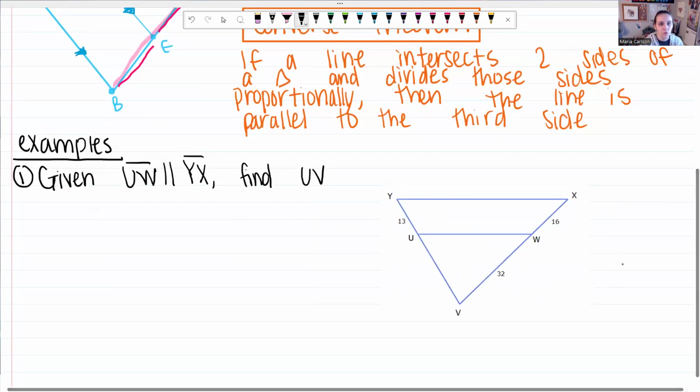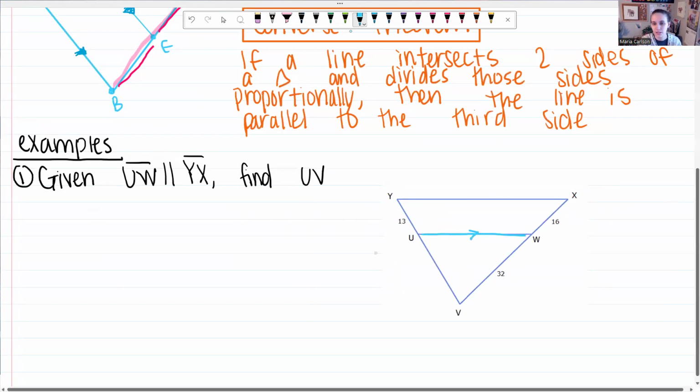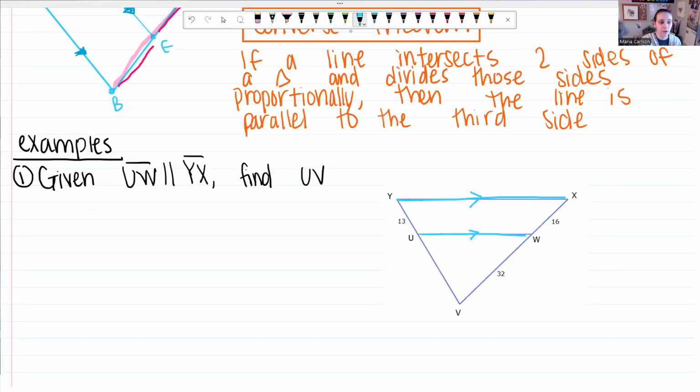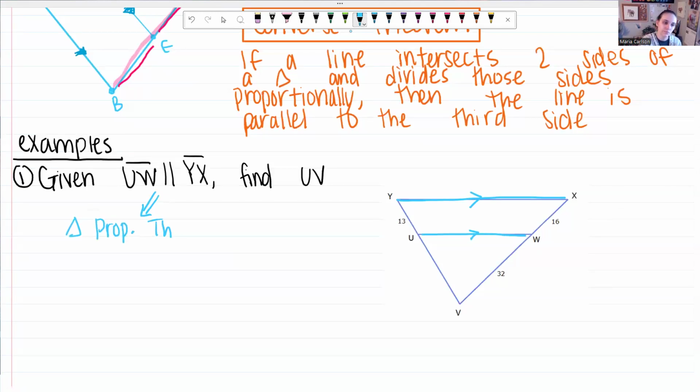So we know based on what the problem says, UW is parallel to YX. So those two lines are parallel, meaning we can use the triangle proportionality theorem. Triangle proportionality theorem works here.